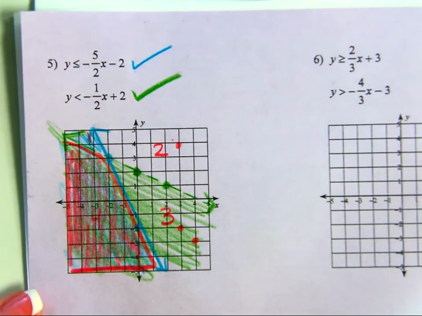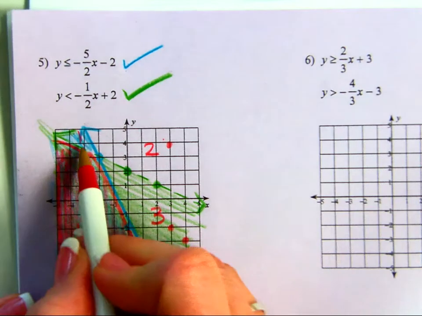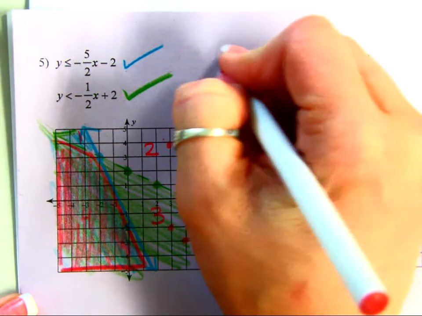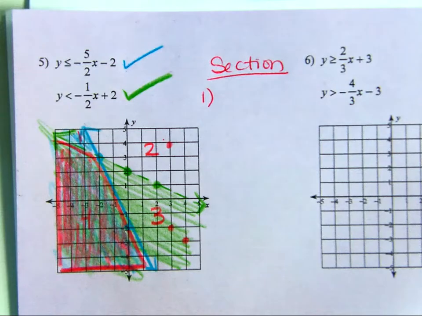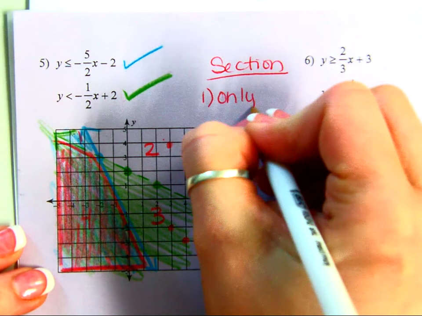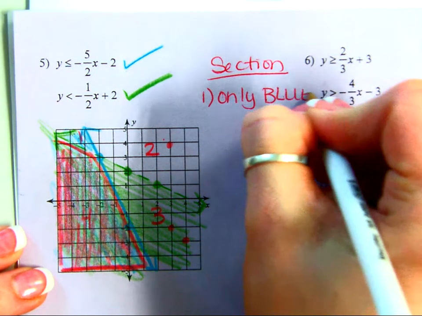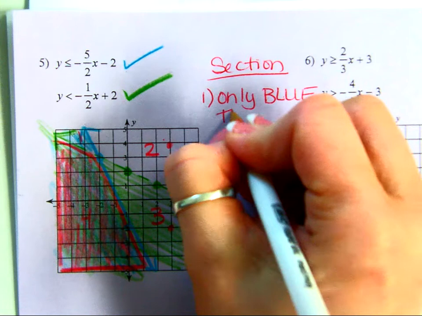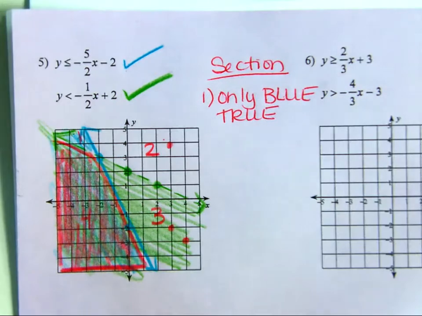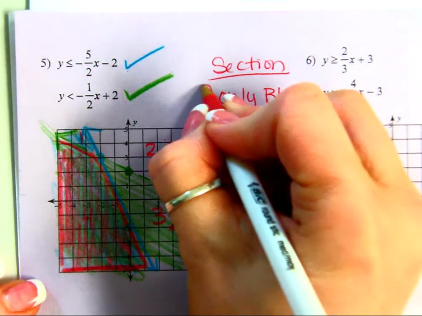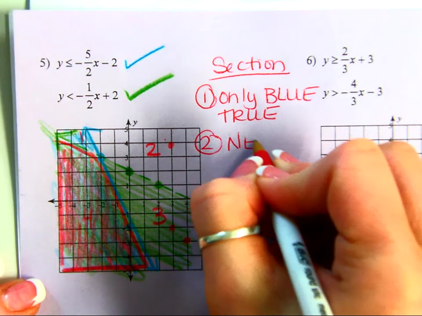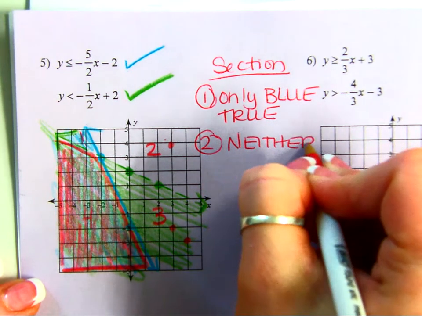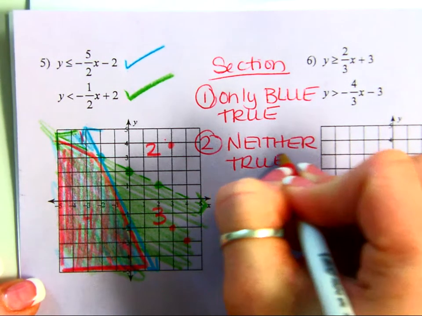Okay? So what we're doing looking here is, let's label this off. Section 1, only the blue section is true, right? Meaning if I plug them in, I'll get a true statement. Section 2, neither would be true. They would both give me a false statement.